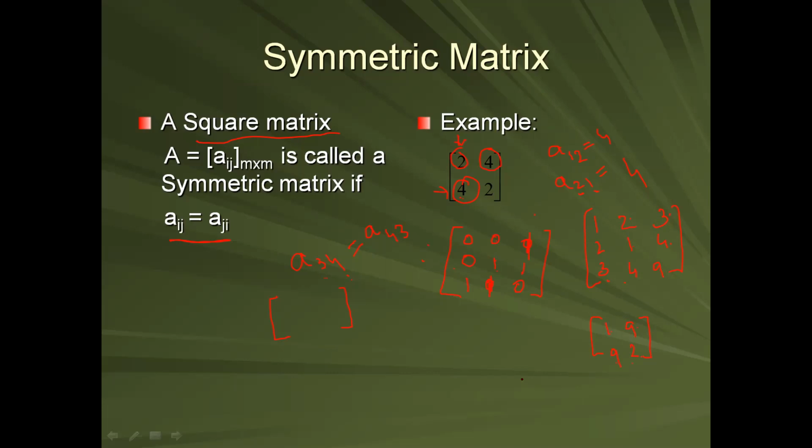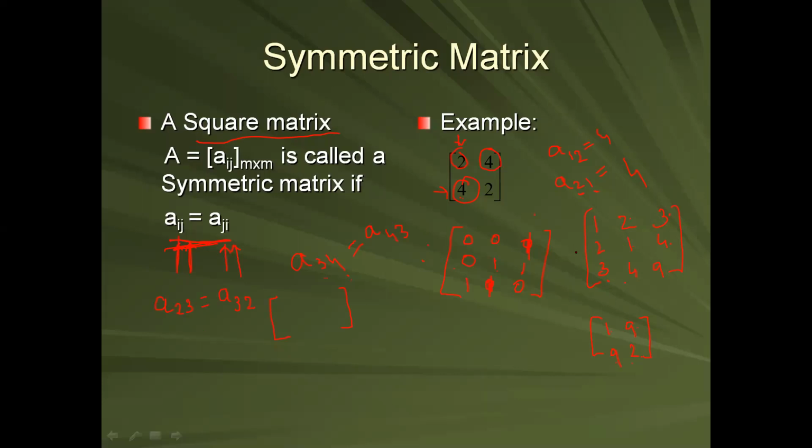Understood? Yes, ma'am. But see, we will have to write it mathematically. So how are we writing it mathematically? If Aij is equal to Aji, what does this mean? The element in the ith row, jth column should be the same element in the jth row and ith column. For example, the second row, third column element must be the same as the third row, second column.